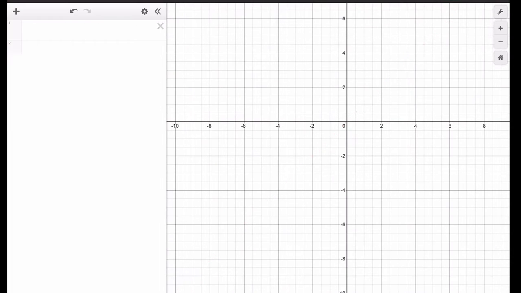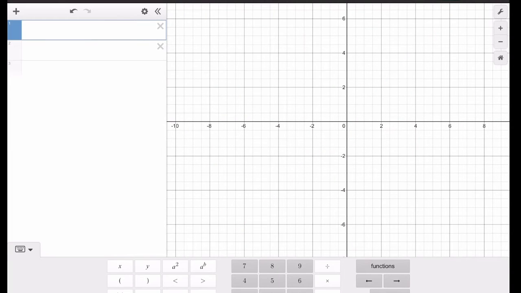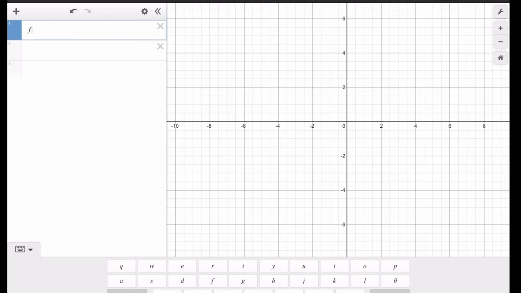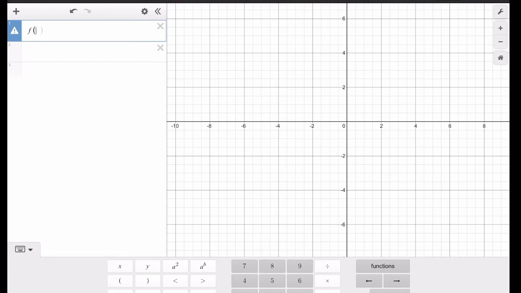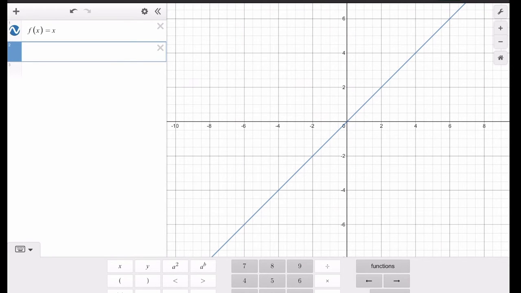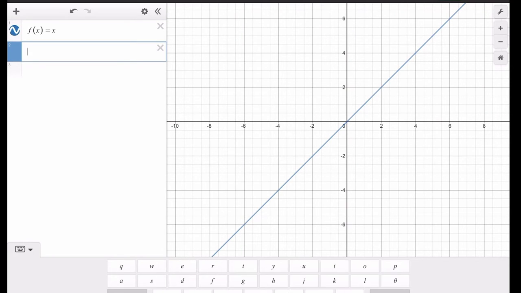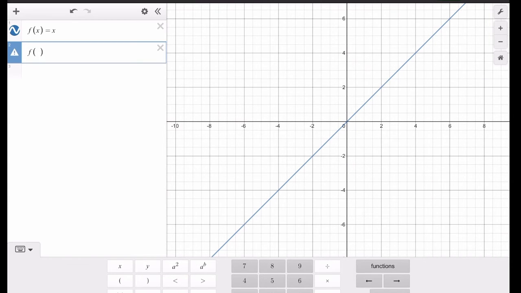What if instead of writing y equals x, we write the actual f of x? f parentheses x, x. Then let's do f of x plus k.